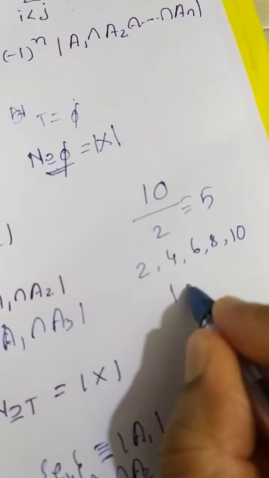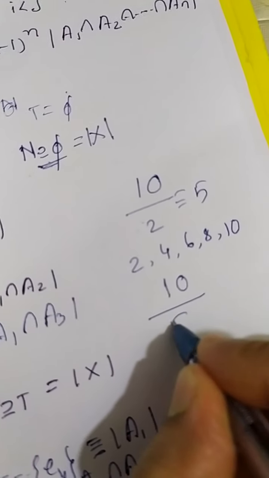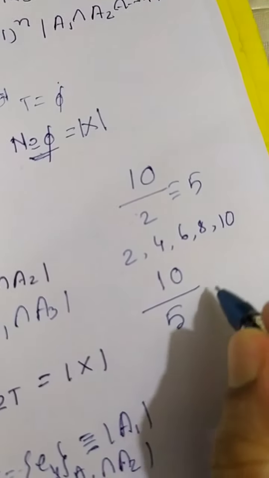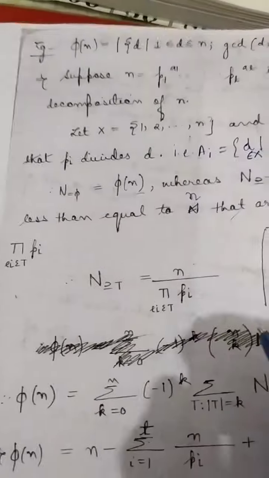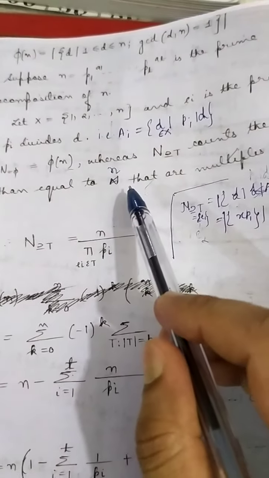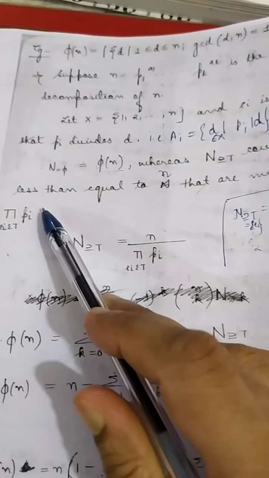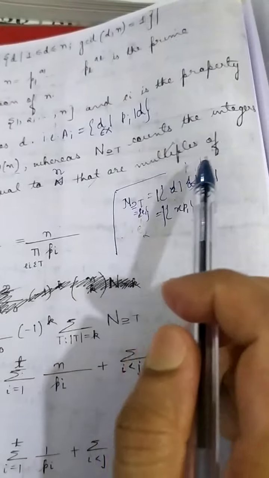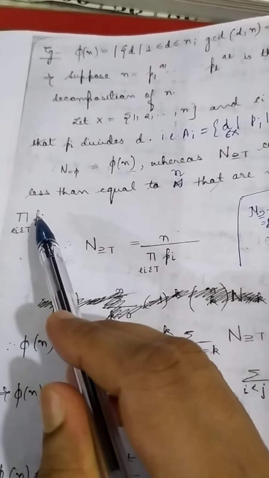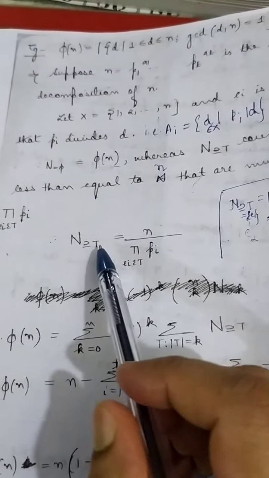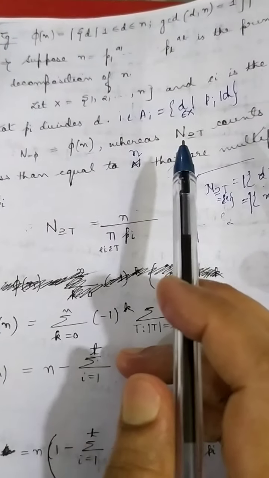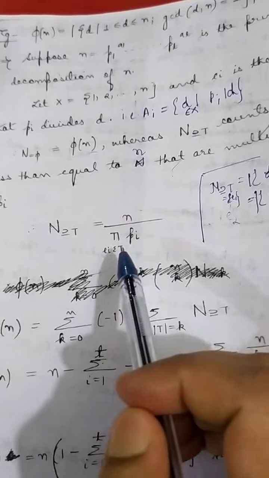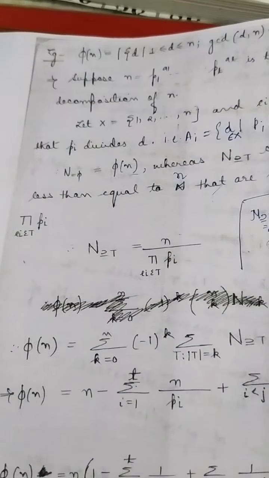Similarly, how many elements are multiples of 5? This is 2. So when we go to this set, the elements are of the form that are multiples of this, and the number of elements is n divided by this.